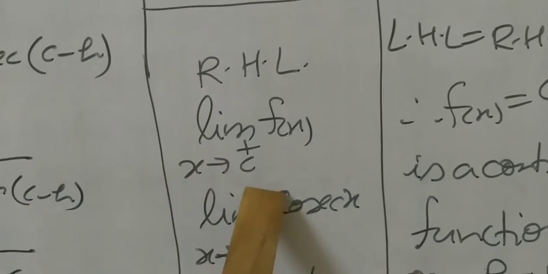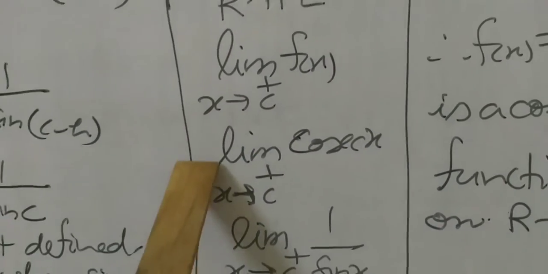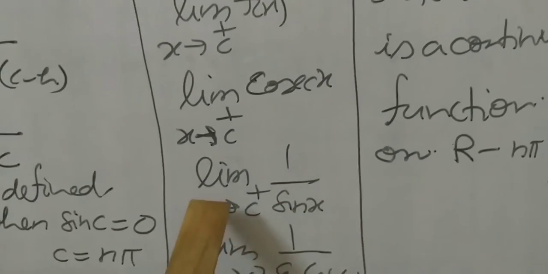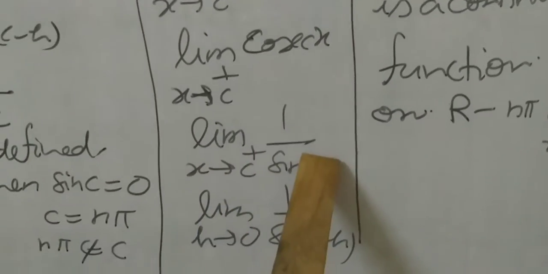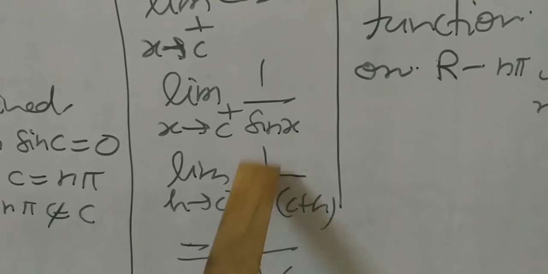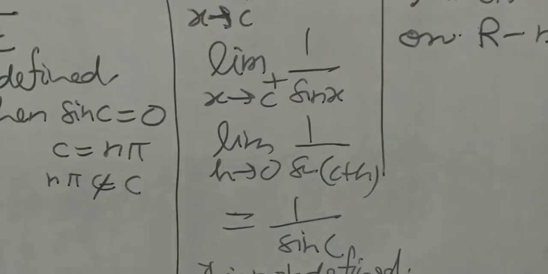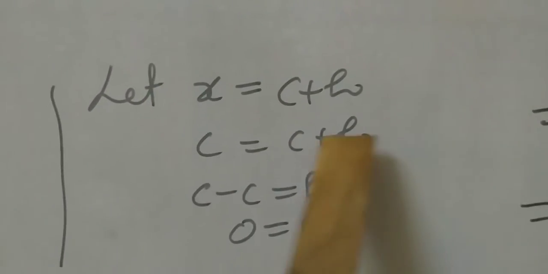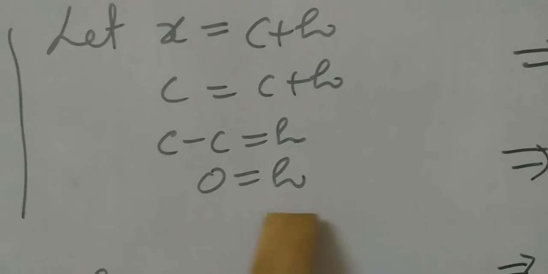Now students, RHL, limit x tends to c plus f(x), limit x tends to c plus cosec x, limit x tends to c plus 1 upon sin x. We have supposed x equal to c plus h, then h tends to 0.